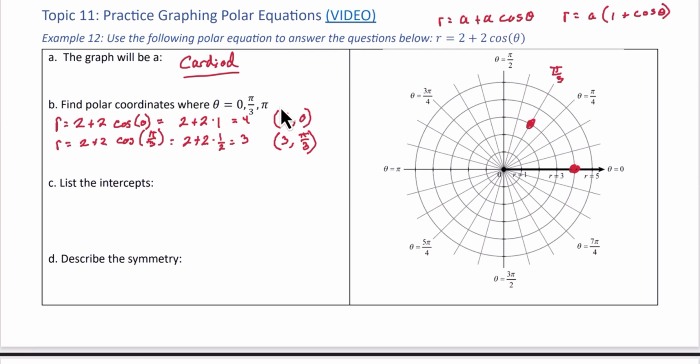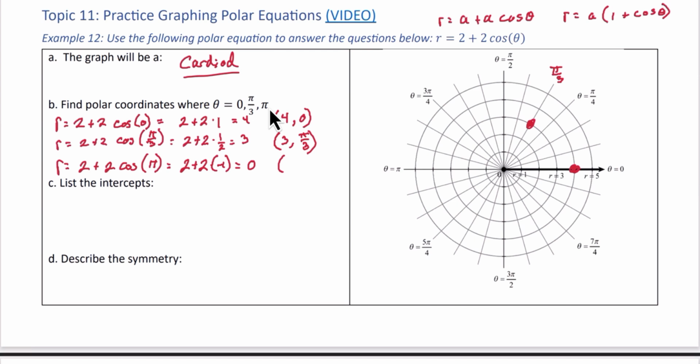Next, we want to also see what's happening at pi. R equals 2 plus 2 cosine of, let's plug in pi. We have 2 plus 2 times the cosine of pi, which is -1. So 2 plus -2 gives us 0.